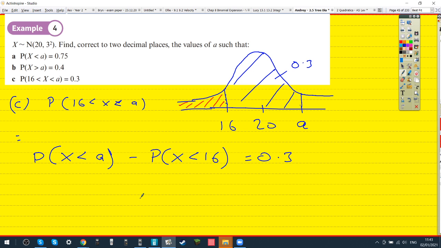Yep. And area 0.3. And I got probability 18.42 for P of X is smaller than A. This would have to be regular normal distribution, cumulative.